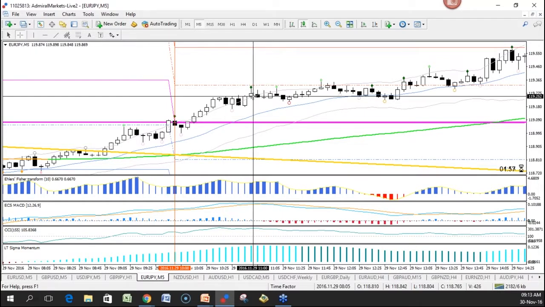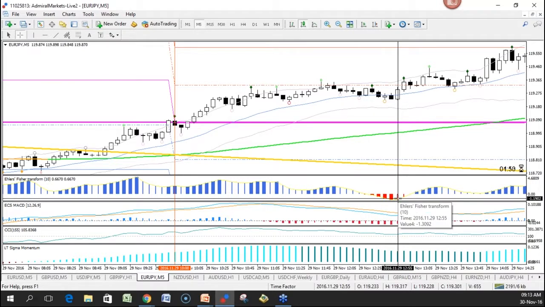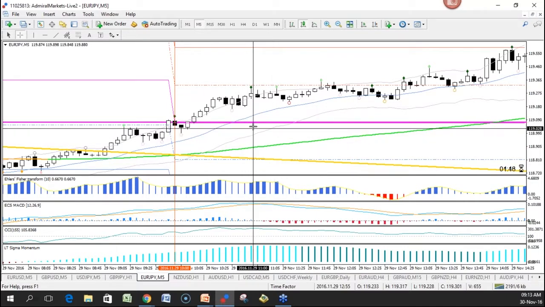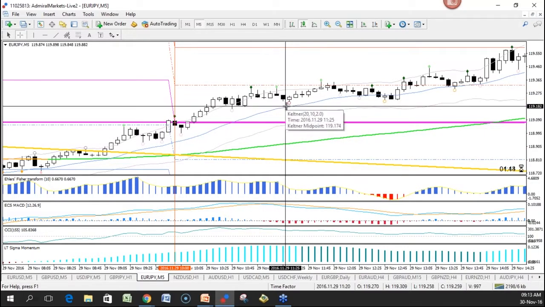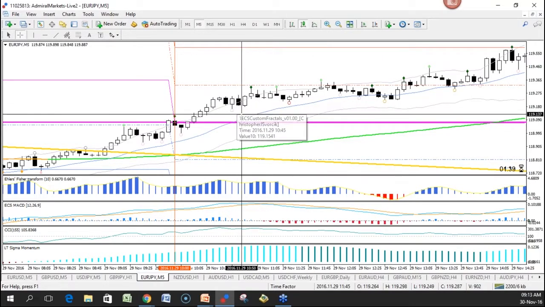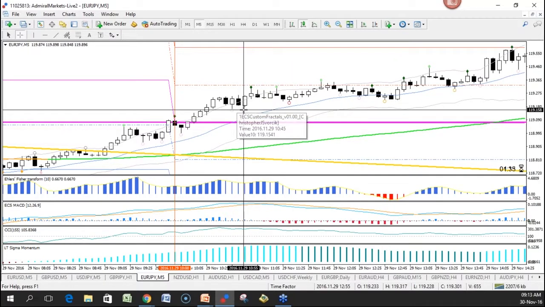So as price stopped there, then the 5-minute signal came here, the 5-minute signal came here. Those two would have been signals. Stop loss, the nearest fractal here is this one. That's too close. I think that this one would have had to be used. Here, I think the same one probably.